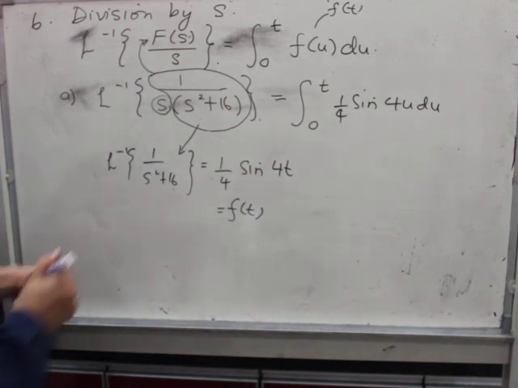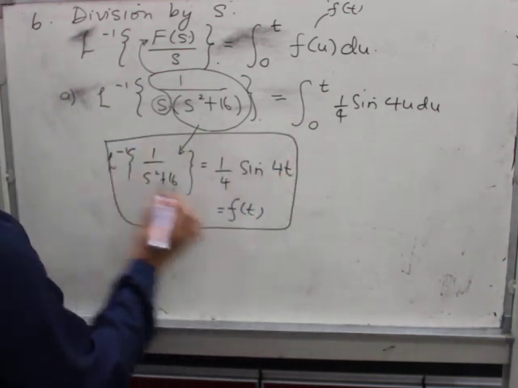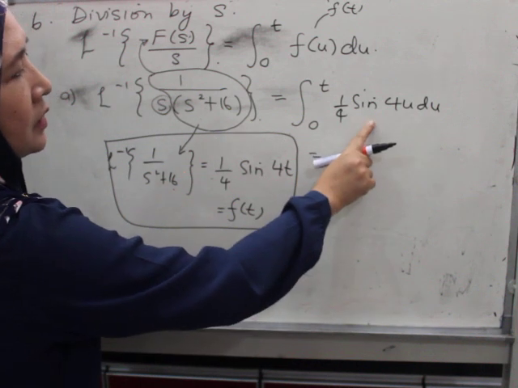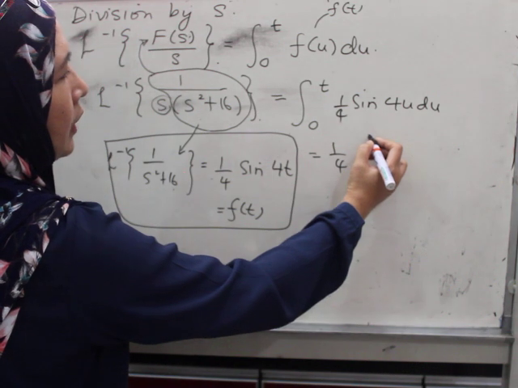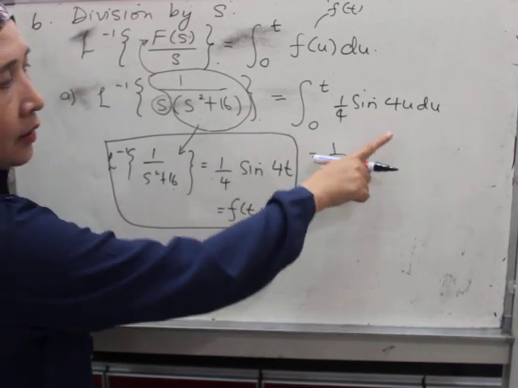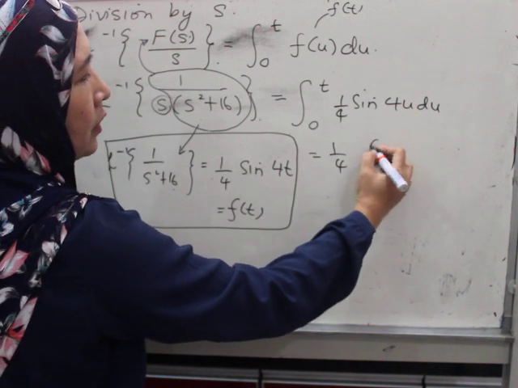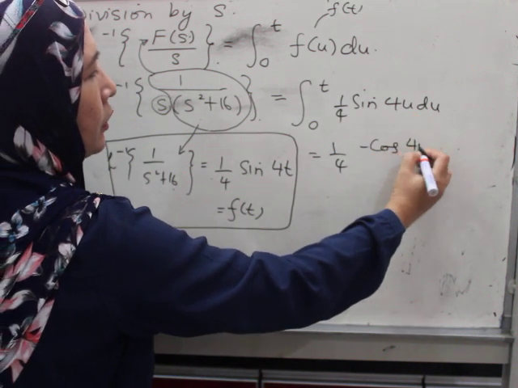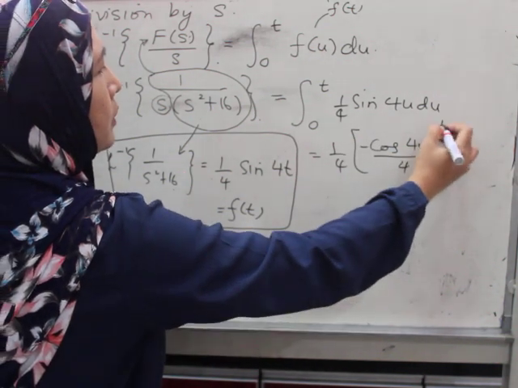So this is all your working to find f(t). So you just integrate this. 1 over 4 is a constant, take it out, and then you integrate sine 4u. Remember, you have to integrate with respect to u. So negative cos 4u divided by 4, from 0 to t.